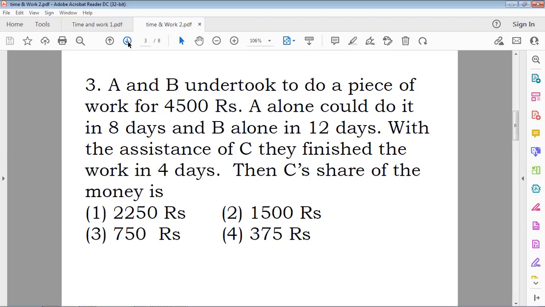Yes, sir, 750. Let me solve it before we get disconnected again.